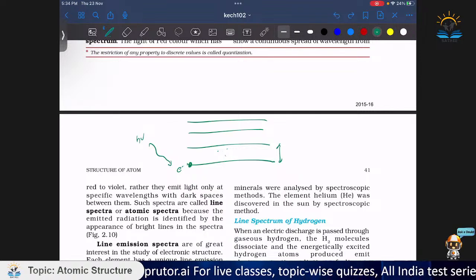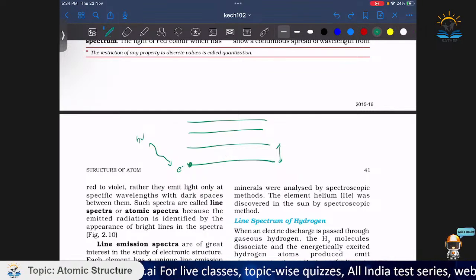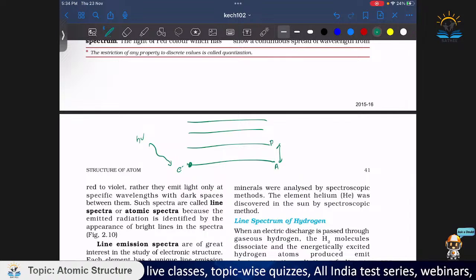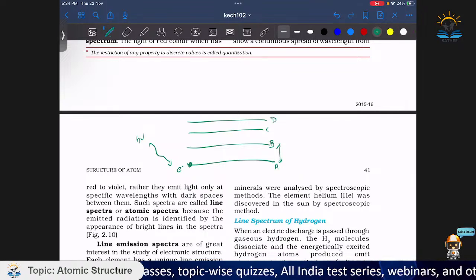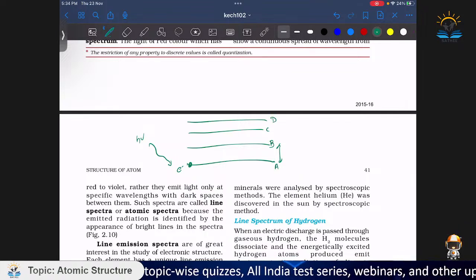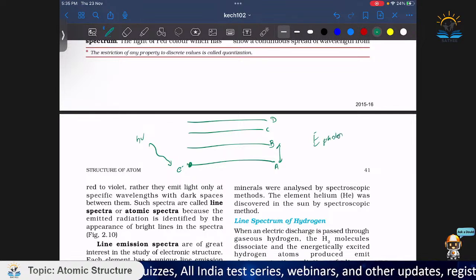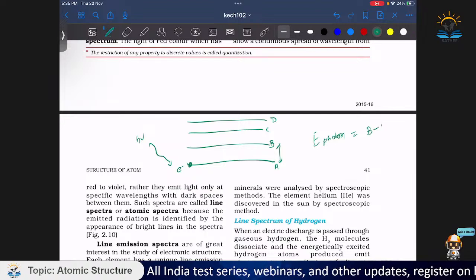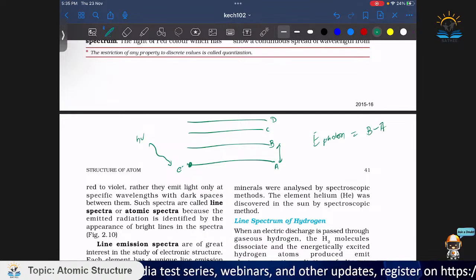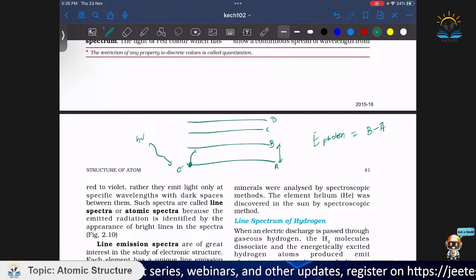It will either exist in the lowermost region, which I am calling A, or in B or C or D. So if you give a photon with energy B minus A, that is the difference, the electron will jump here.